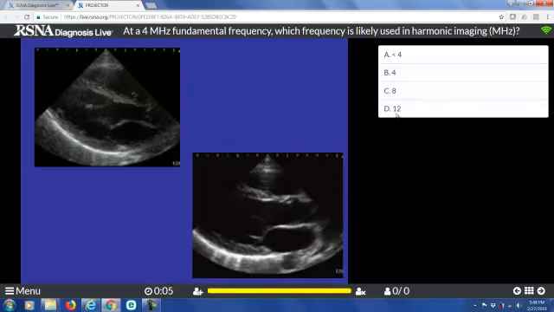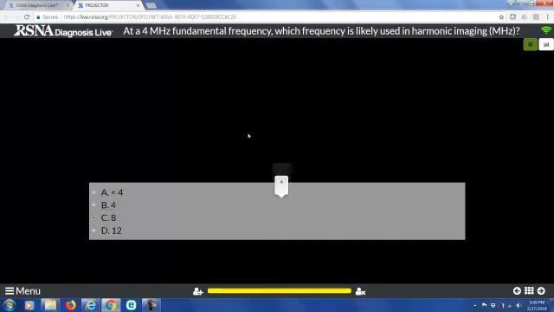Although there is 12, the next harmonic, which theoretically could be used, high frequencies are attenuated to a very large extent, and so it becomes impractical. And so harmonic imaging for a 4 megahertz probe would be done at 8 megahertz.